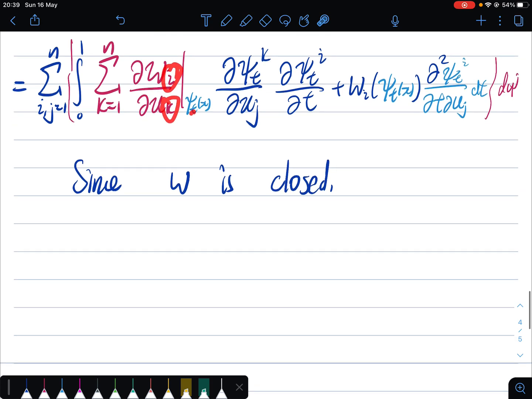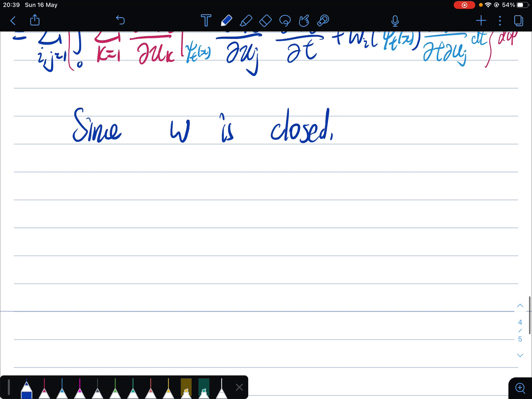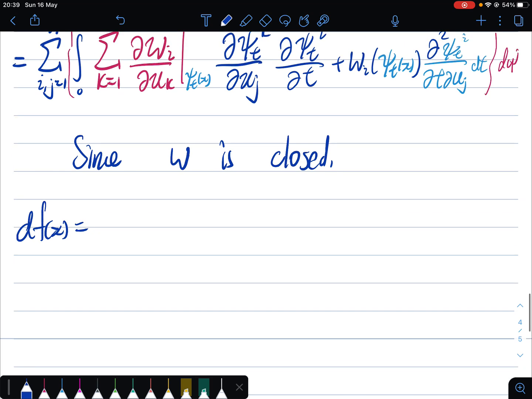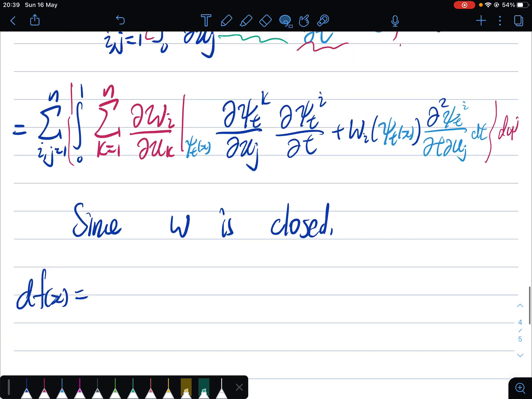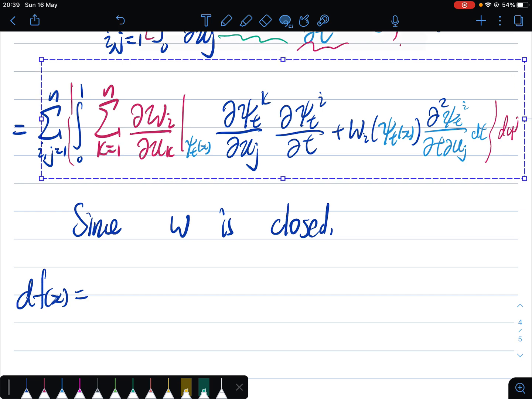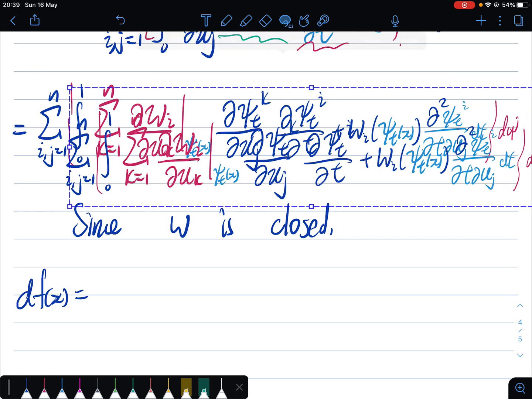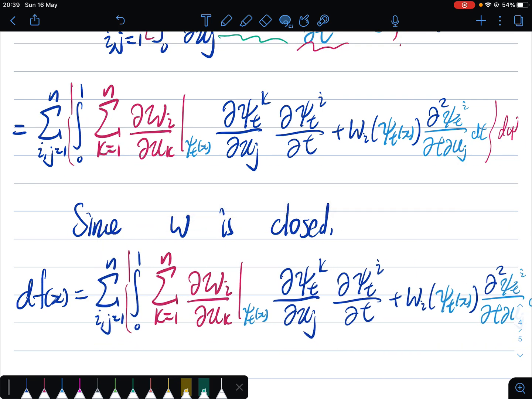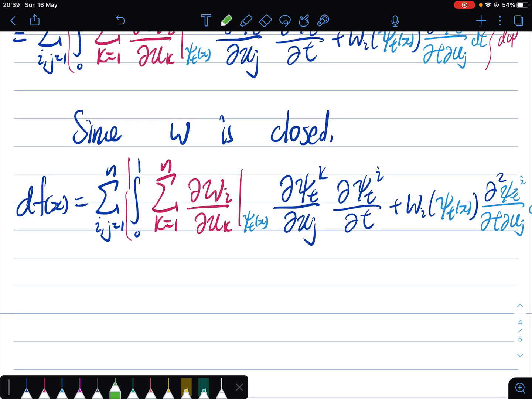And then we can rewrite it. We can just rewrite the exterior derivatives by just copying everything out here, but this time with a different coordinate.